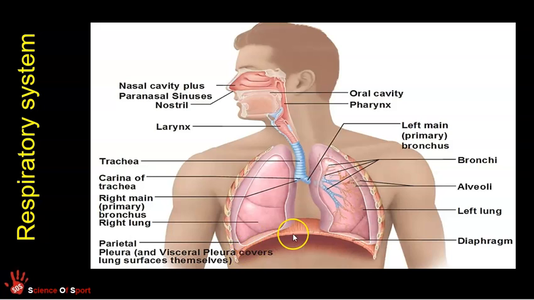We've got this big sheet of muscle called the diaphragm that divides the thoracic cavity, the chest cavity, from the abdominal cavity below where all our intestines are. We've got ribs, of course, making the chest cavity. We've got two layers of muscles between the ribs called our intercostal muscles. They're not labelled on this, I don't think.